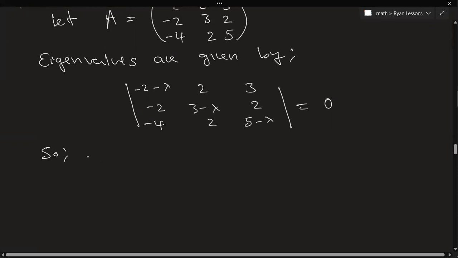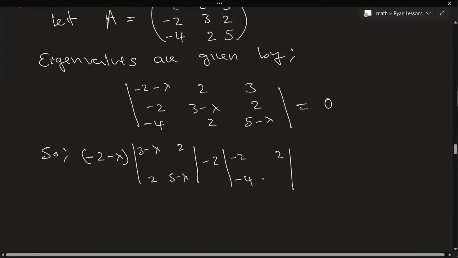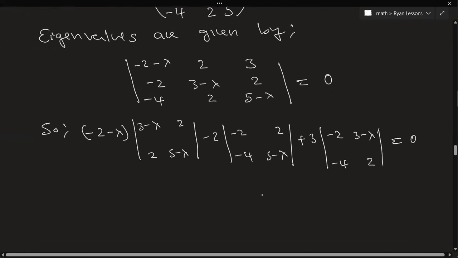So what follows is that I can expand along the first row. Here I have negative 2 minus lambda times the determinant with 3 minus lambda, 2, 2, 5 minus lambda, then negative 2 times the determinant with negative 2, 2, negative 4, 5 minus lambda, then plus 3 times the determinant with negative 2, 3 minus lambda, negative 4, 2, all that equal to 0. Let's simplify.